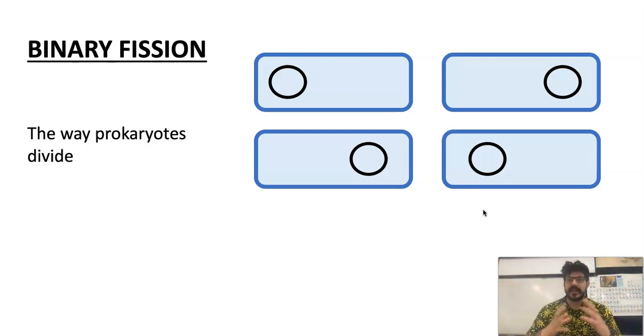And this process doesn't take hours, with interphase going through and then mitosis happening over a few seconds. It happens very quickly. You can end up having a split once every 20 seconds in some species of bacteria.